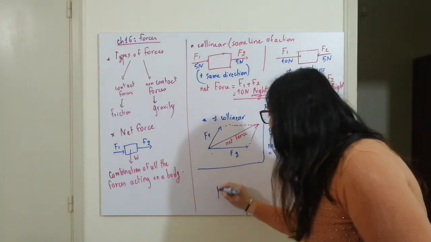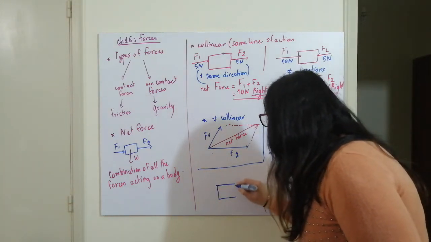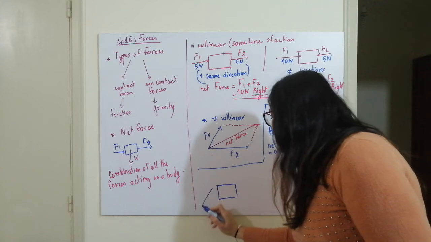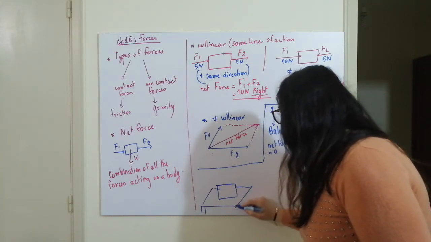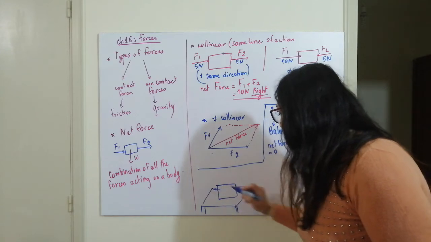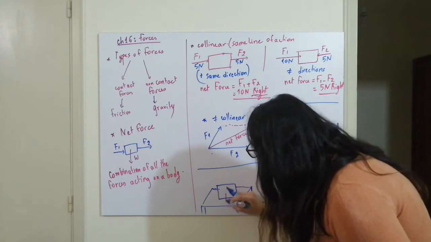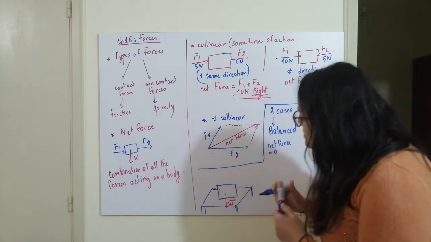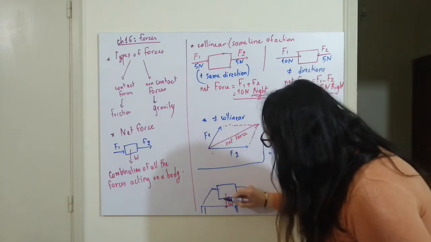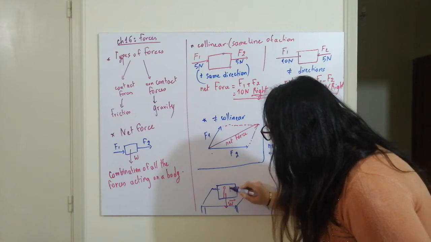Let's take an example. I have this box, it's on a table. I have W, which is gravity. I also have N, which is the reaction of the table.